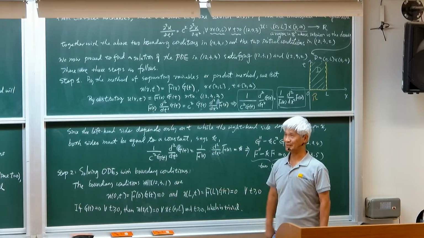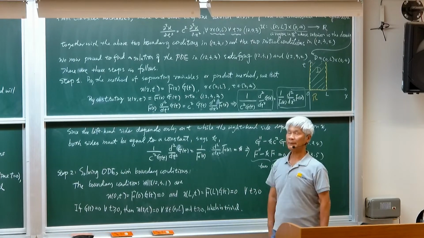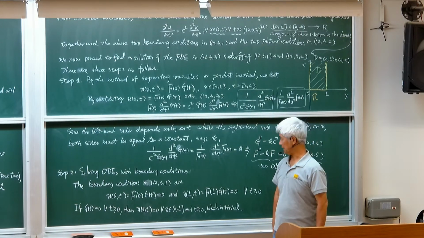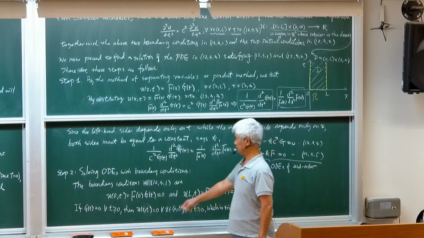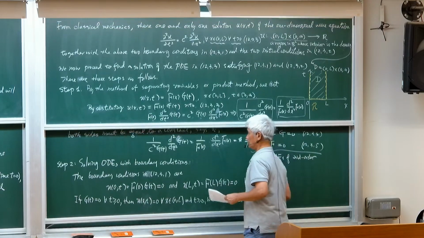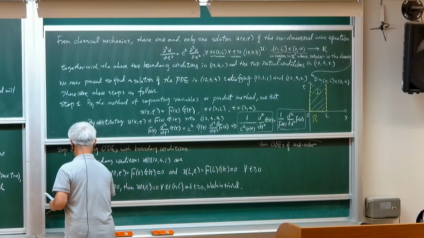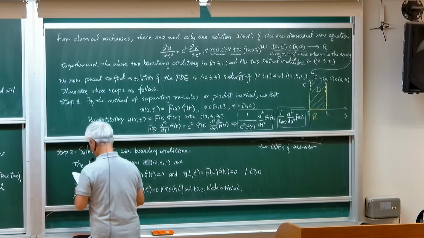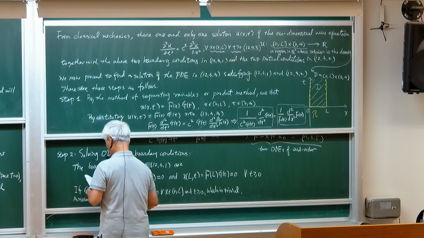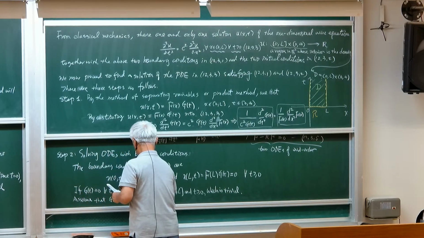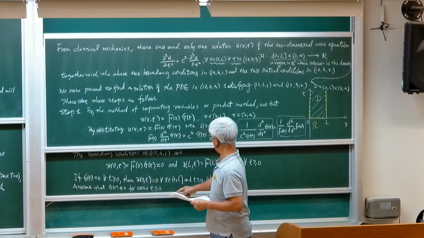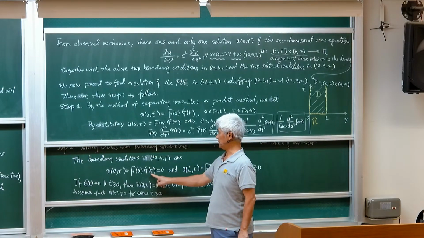We always have the trivial solution because the one-dimensional wave equation is a homogeneous linear PDE, so there's nothing new. Of course, we will assume that g of t is not equal to 0 for some t greater than or equal to 0, so at least one t such that g of t is non-zero.